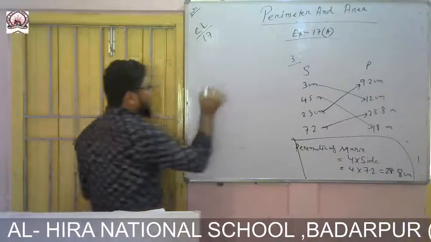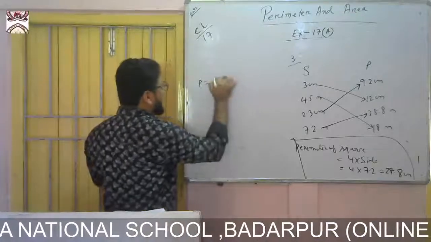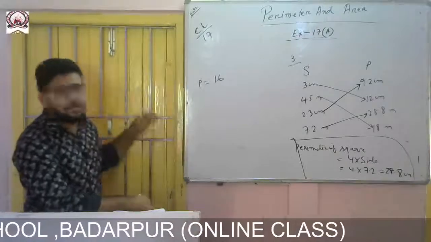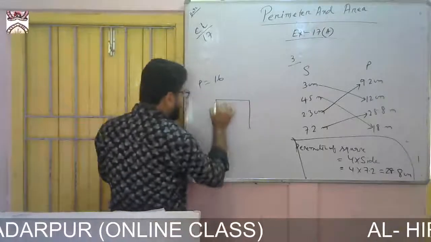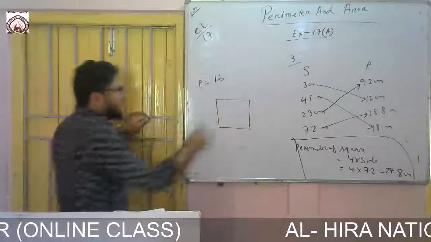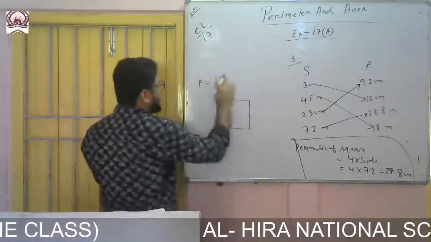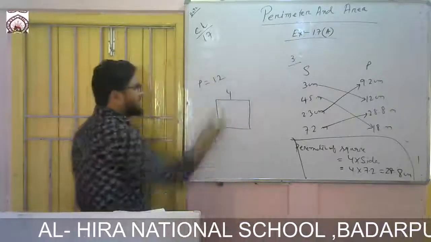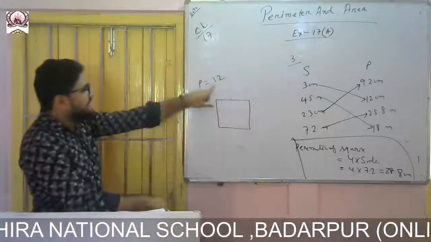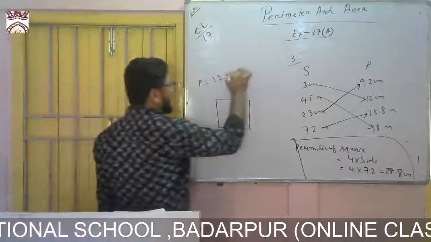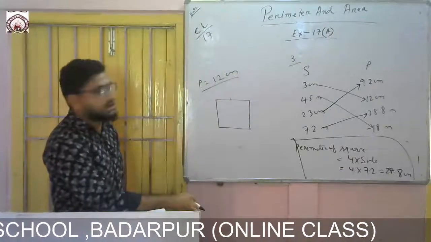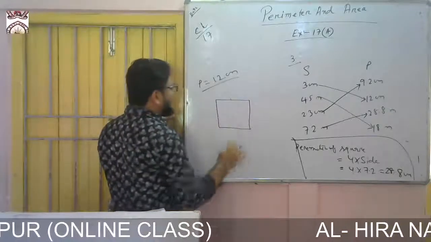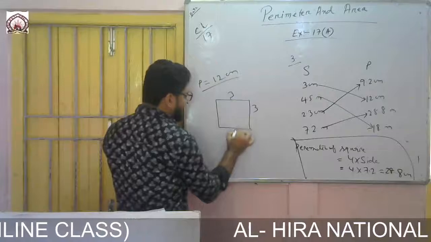Suppose the perimeter of a square is given as 12 centimeter. So what will the sides be? Yes, 4 sides are there. If I divide by 4, then 3, 3, 3, 3.